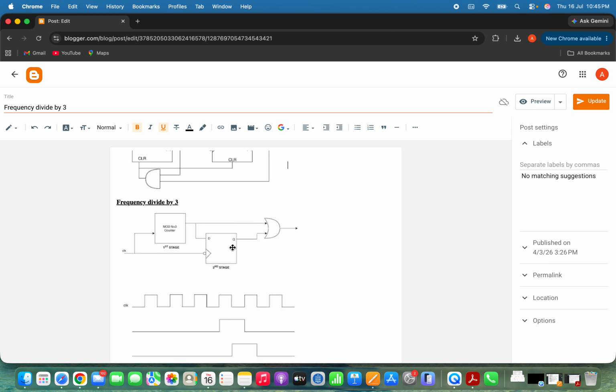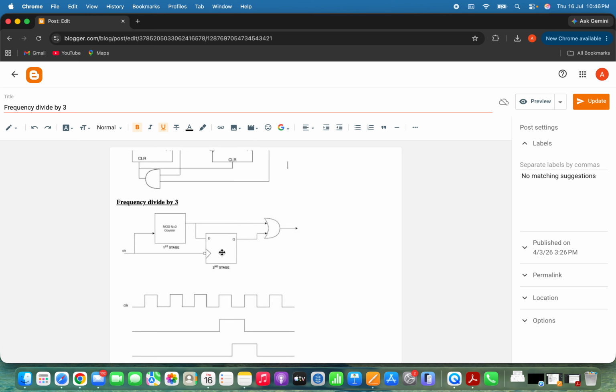Notice that this flip-flop is clocked by the same input clock. Its D input is driven by the output of the mod 3 counter. Because this flip-flop updates only on the falling edge of the input clock, the output becomes a delayed version of the mod 3 counter output. The delay introduced is exactly half of one clock period, or T/2.